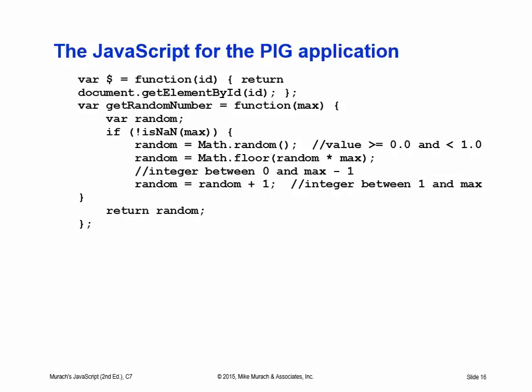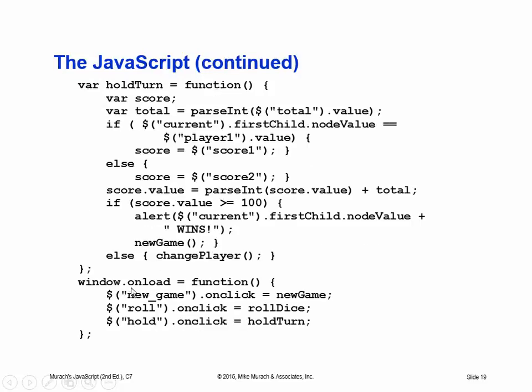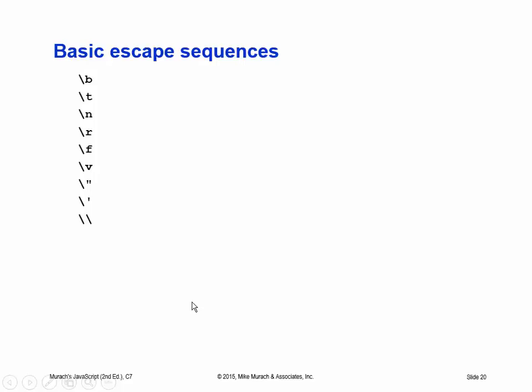And the last function, which is the window.onload event, which attaches the new game, the roll dice, and the hold turn event handlers to their particular click events right here. All right. Next, we jump into what are called escape sequences.